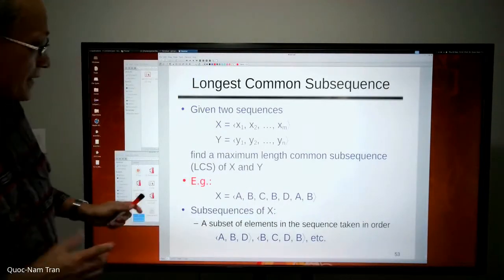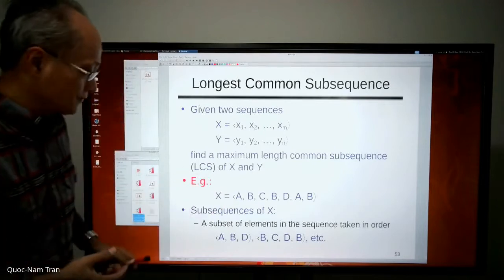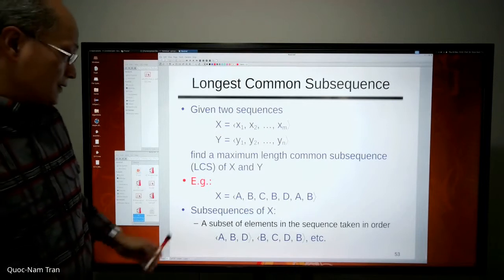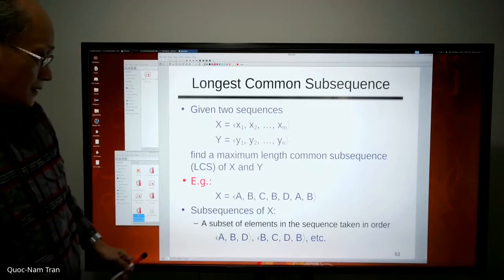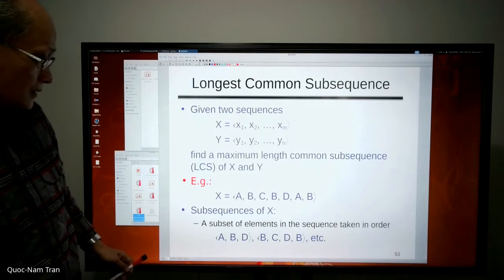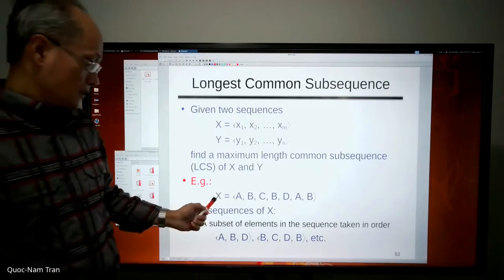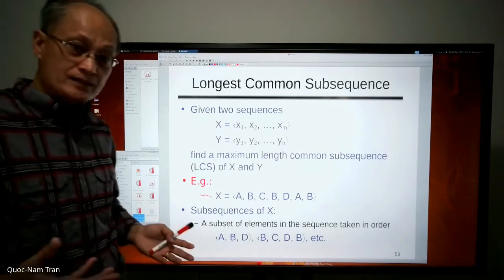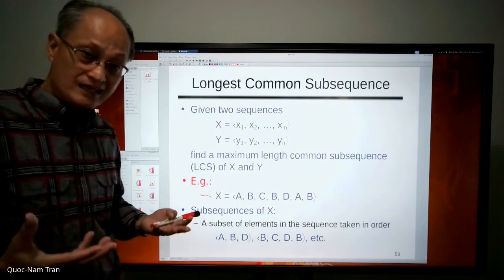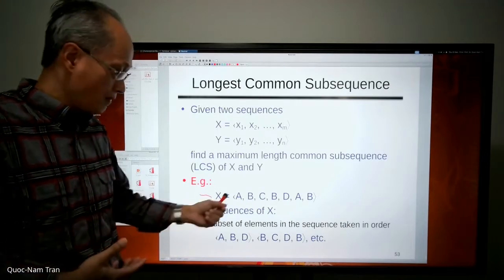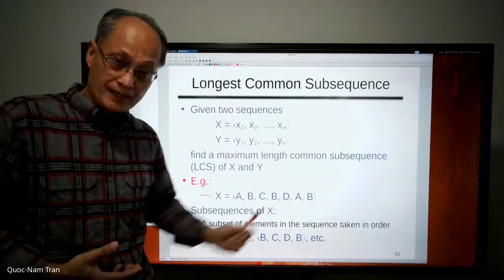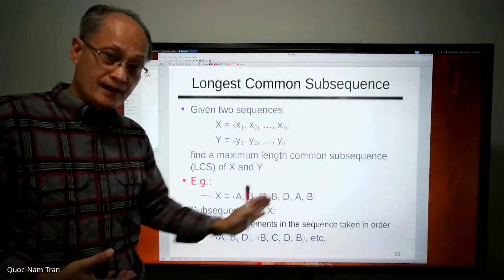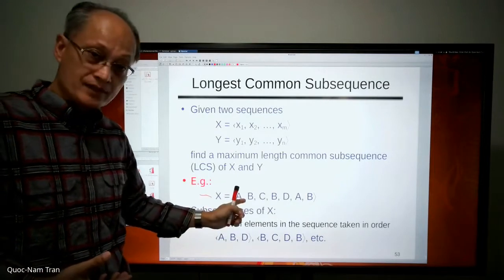Okay, so that is the motivation. So, for example, here is the sequence X. A subsequence of X can be any subset of the letters, as long as we go from left to right, they are still elements of the sequence.